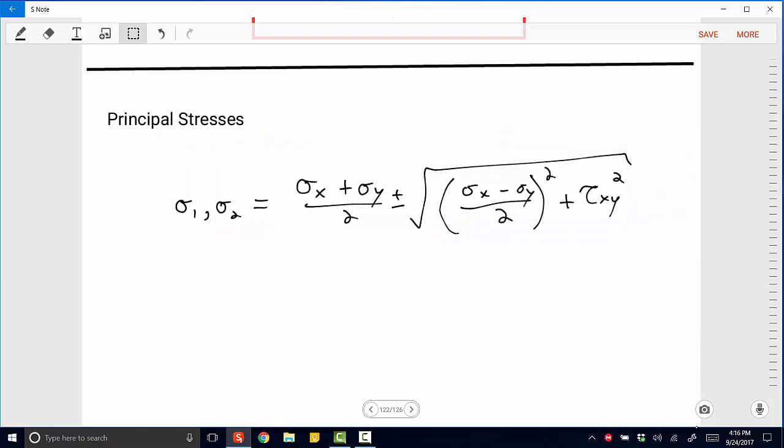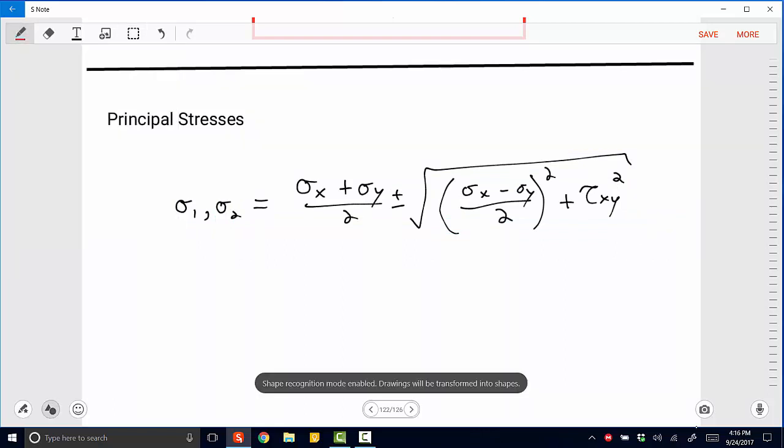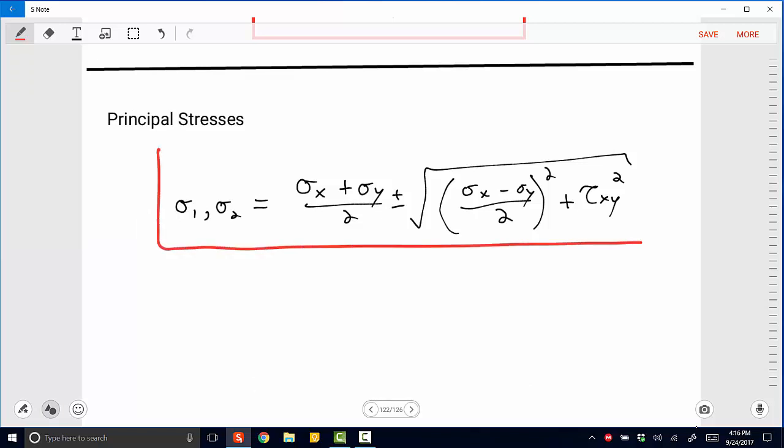So we can actually solve them to the point that the angles, phi p 1 and 2, don't actually appear in the solution, which is great. It's very useful.